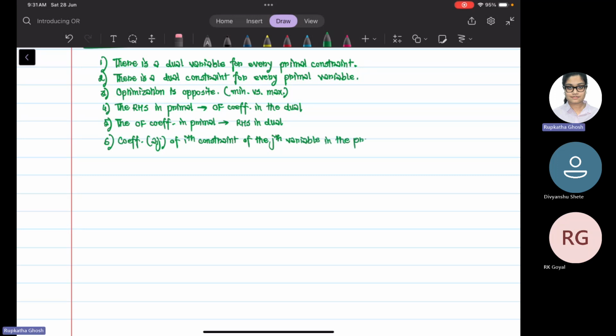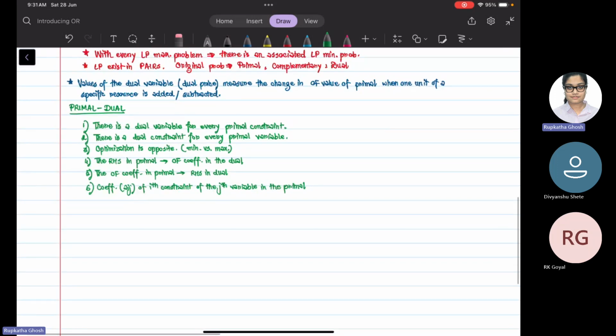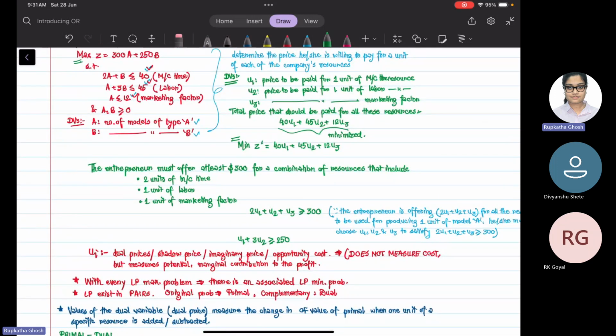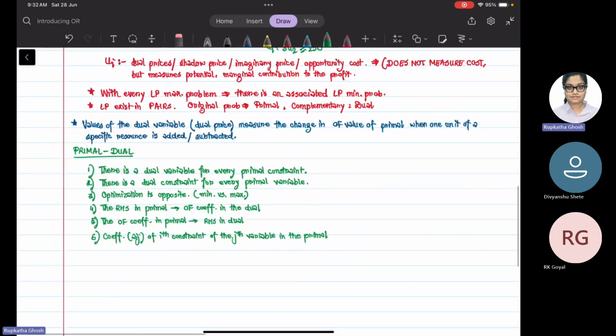So what I mean is, not the objective function, these are the coefficients of, let's say, the first constraint and the first variable. The coefficient of A was 2, so this will come here.